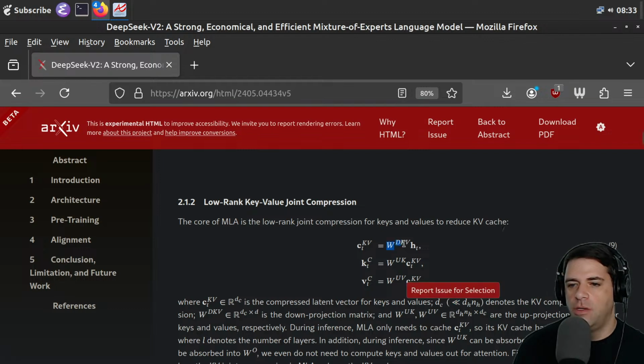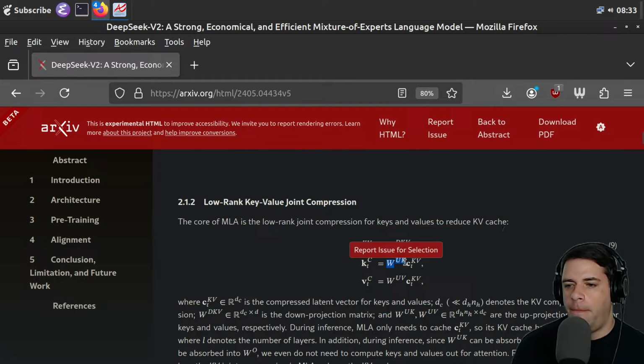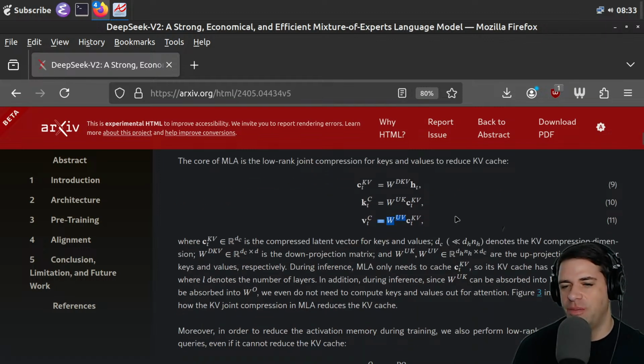And then W^DKV here, they call the down projection matrix. So this is the matrix that compresses, I guess, the input. And W^UK and W^UV are the up projection matrices. I don't know exactly what down projection and up projection are, but essentially this is compression and this is, I guess, decompression.